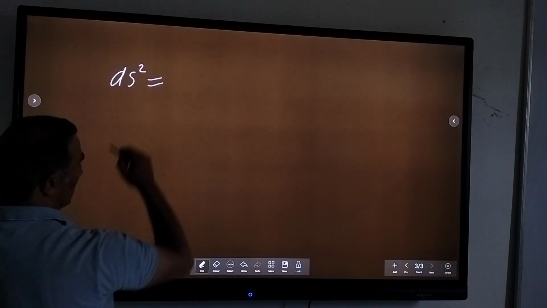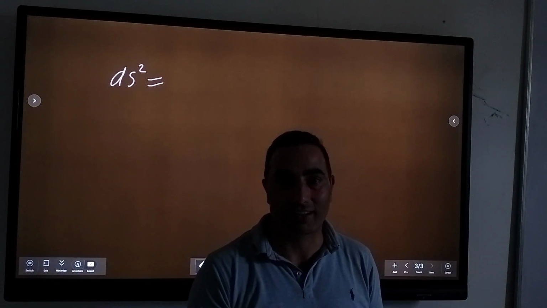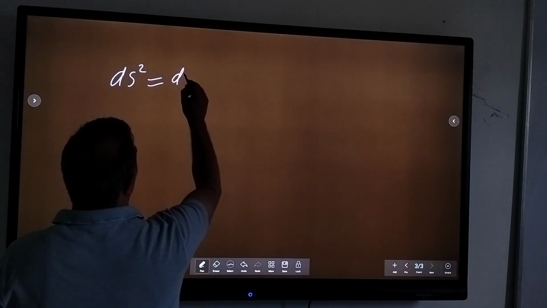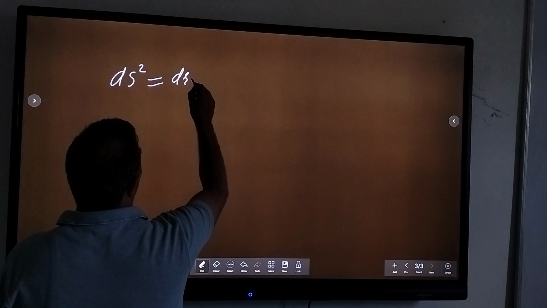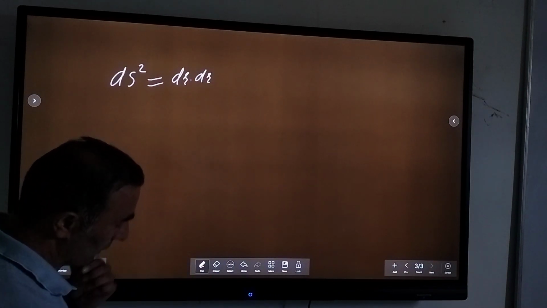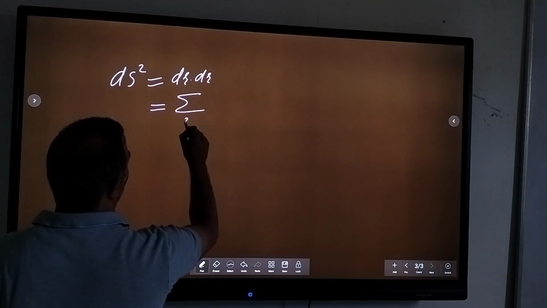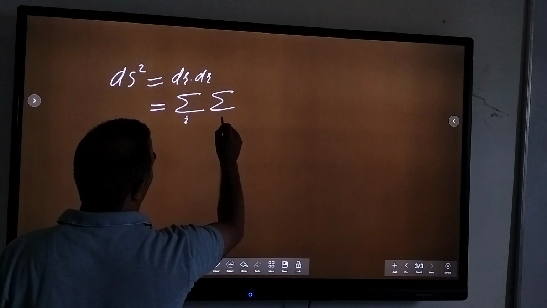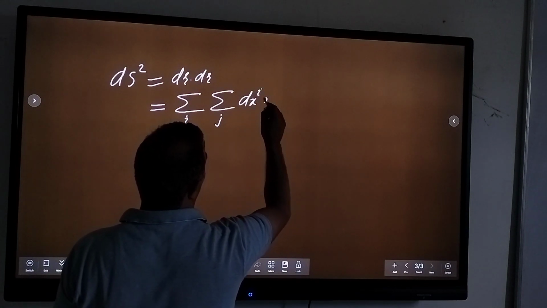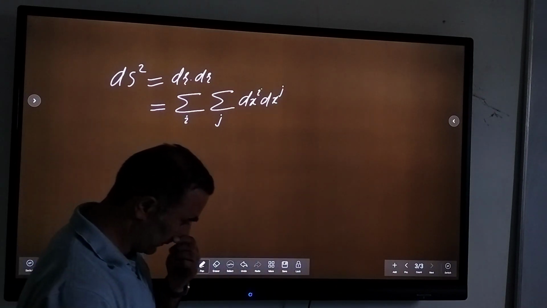So it should be simply the multiplication of those radius vectors, right? You can write this as dr dot dr. Or you can rewrite this as follows.